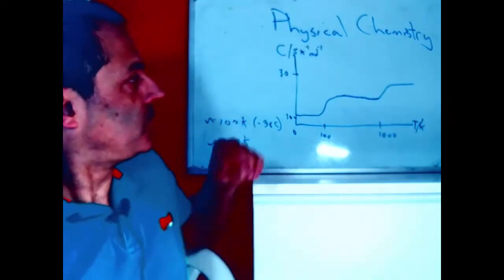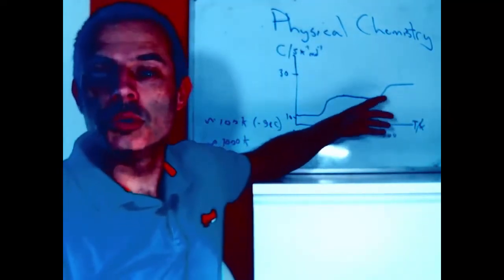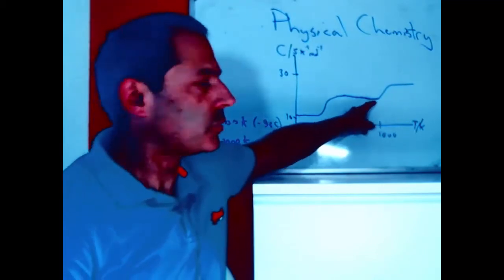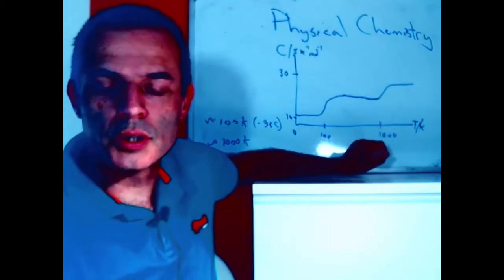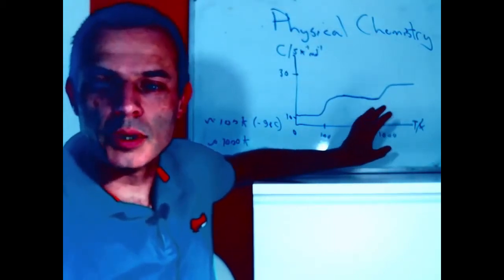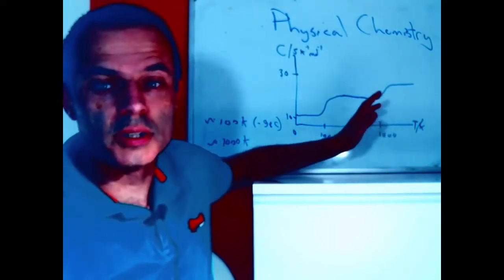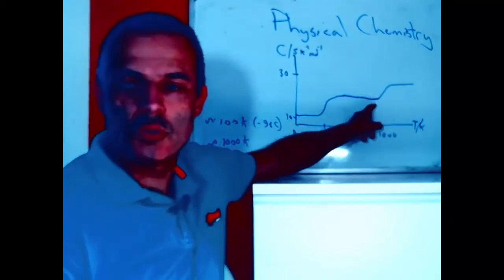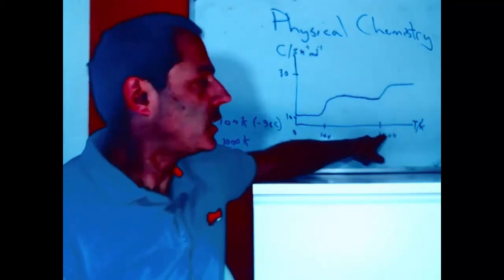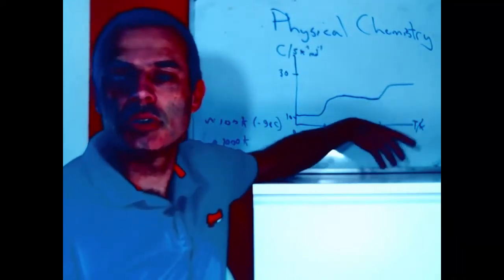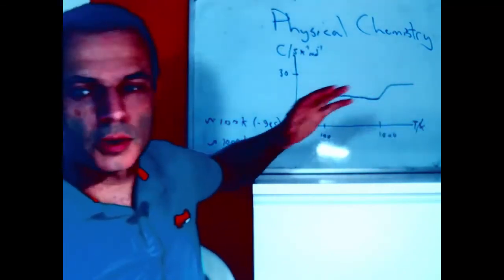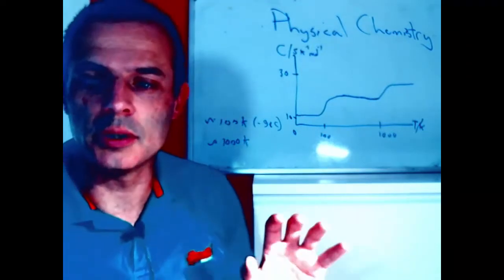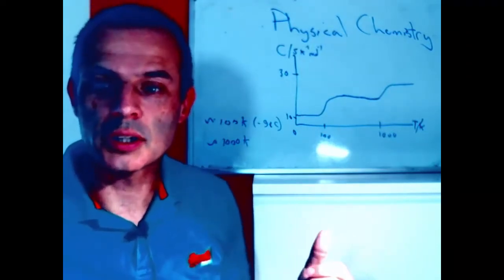So if we are interested in vibrational levels, most of the time we will be in the ground state because we're not hot enough. For some molecules, we might have some in the first excited state, but we're unlikely to get much further than that thermally, unless we have a very hot thing, in which case we will have vibrational levels active as well. So those are what we would expect to see in normal temperatures.